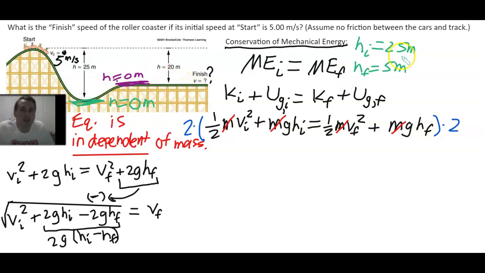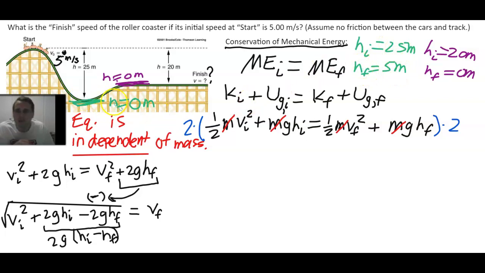So the height initial above this plateau is 20 meters, and the height final equals 0 meters. That works fine and makes the calculation easier, but I would caution you, if you're going to do a second calculation where you want the velocity at the bottom of the big hill, you don't usually want a negative height for gravitational potential energy. So I would recommend setting h equals 0 like I'm showing here in green.